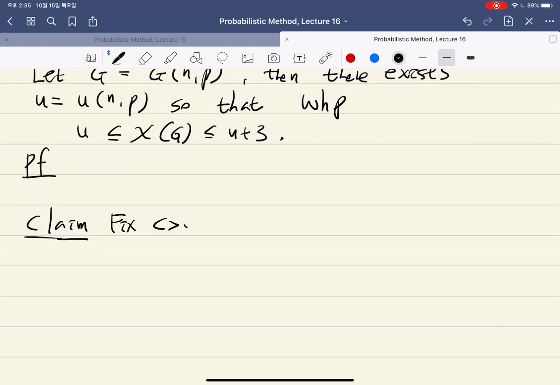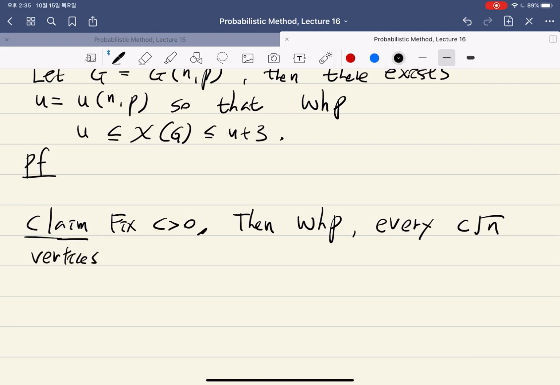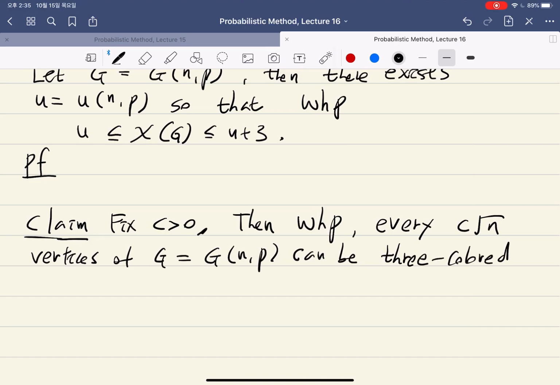So fix any constant C. Then with high probability, if n is large enough, every set of C square root of n vertices of G, which is drawn from G(n,p), can be 3-colored, so its chromatic number is at most 3.